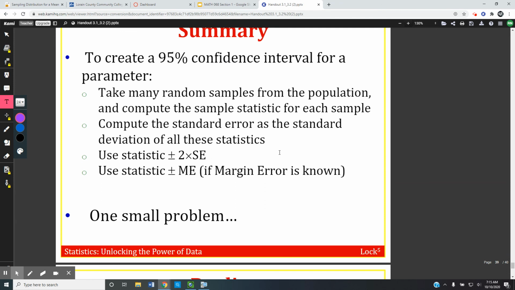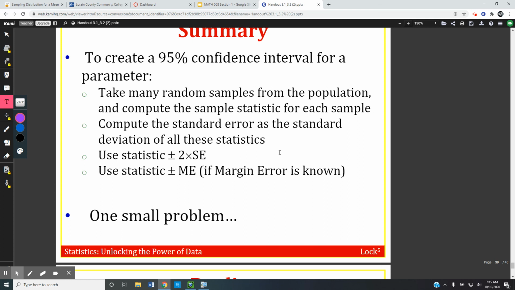We compute the standard error from the sample. We use the standard deviation of all the statistics, and we call that the standard error.